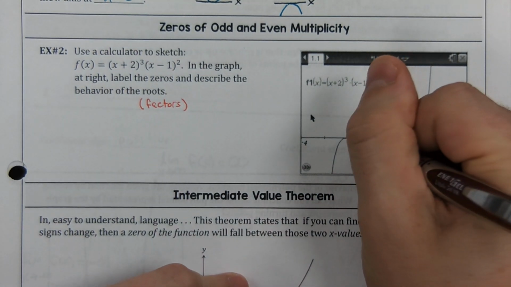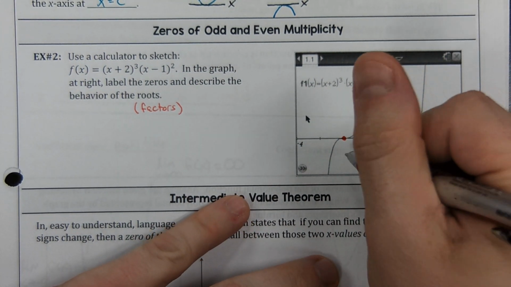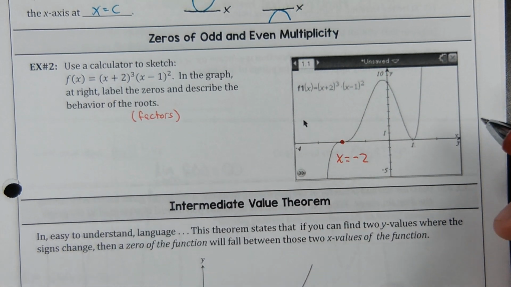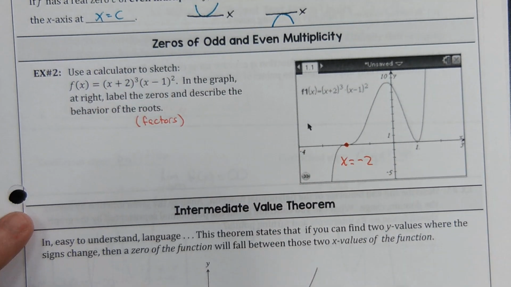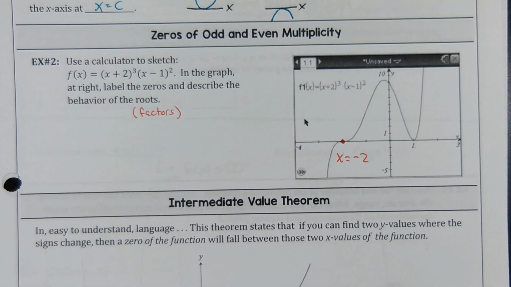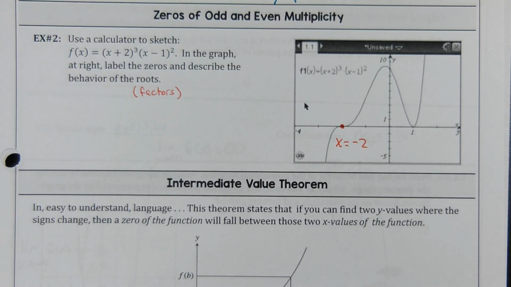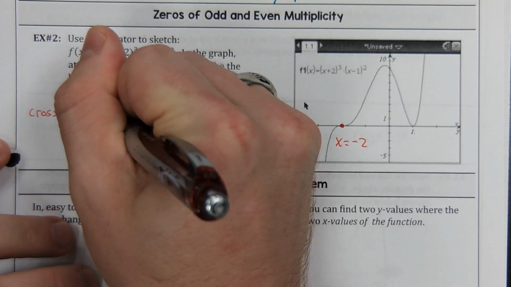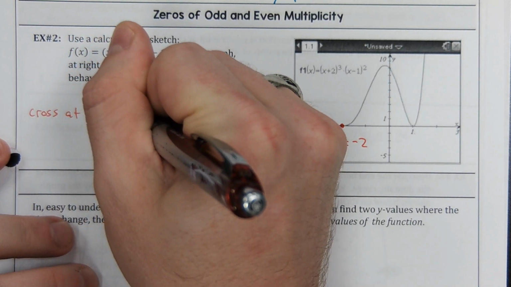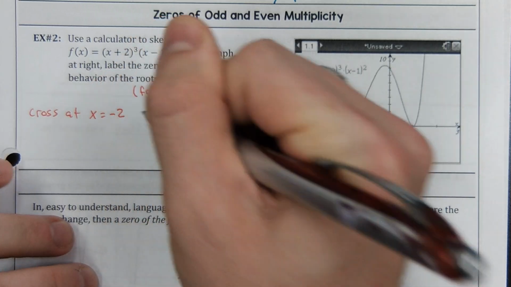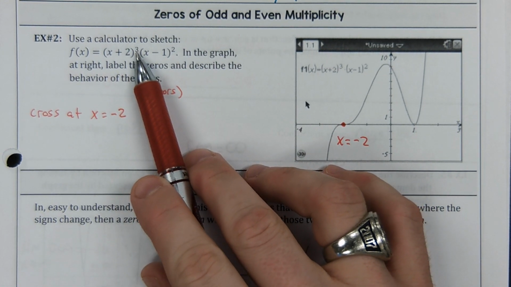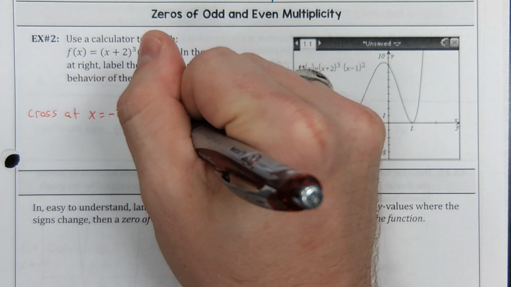Anyway, we've got one right here at x equals -2. At x equals -2, am I bouncing or am I crossing? Crossing. Why did that happen? Because that factor had odd multiplicity.